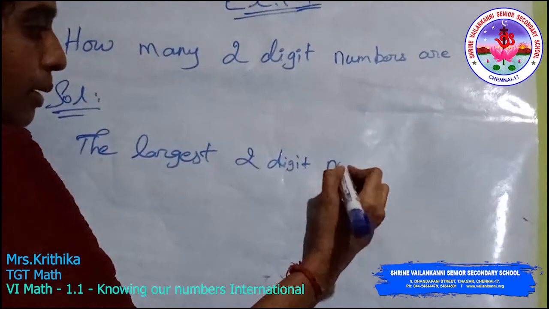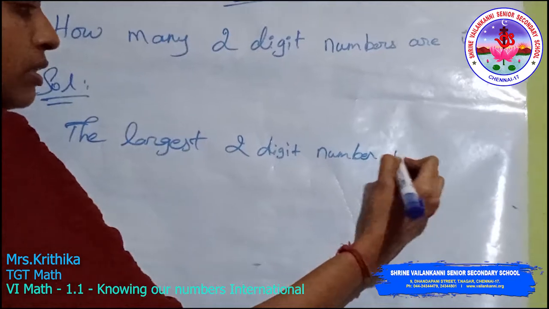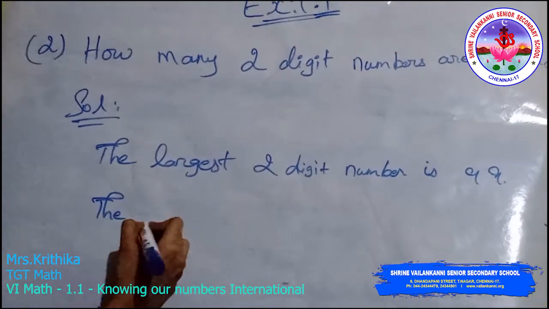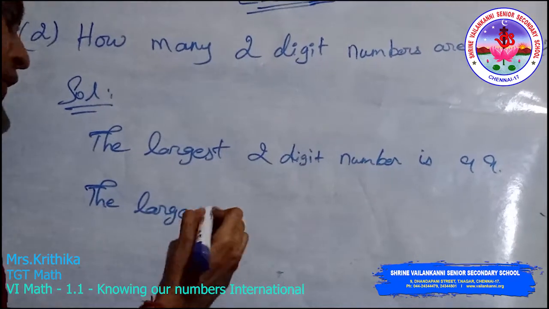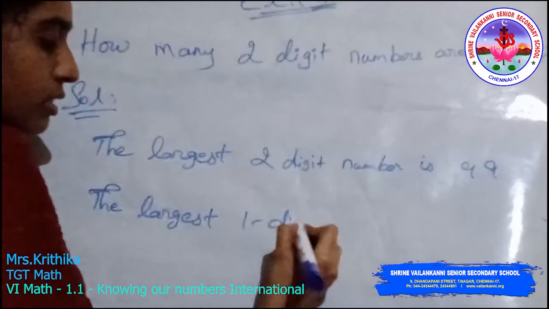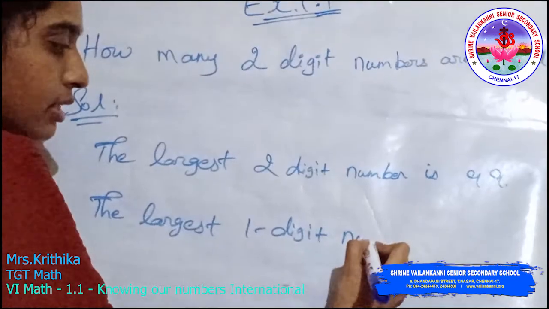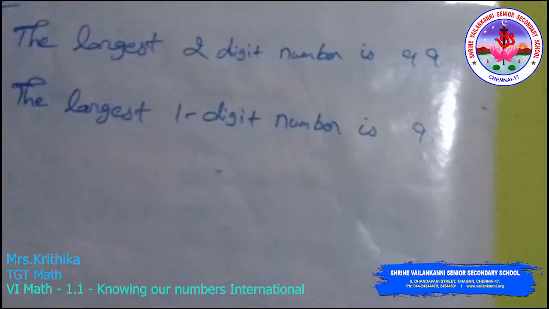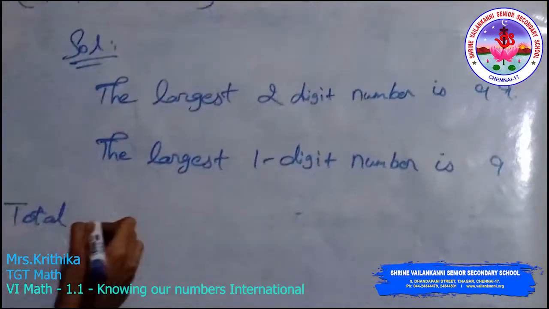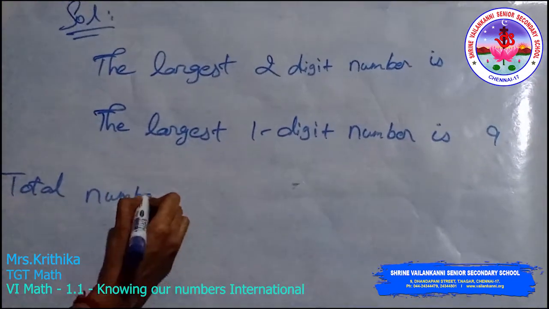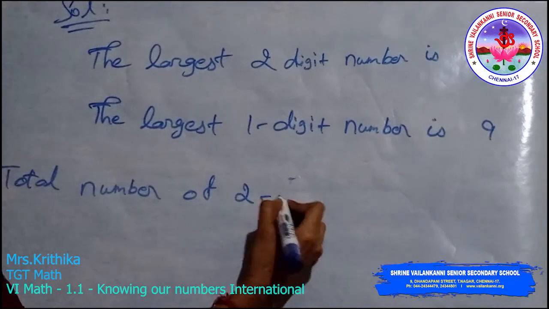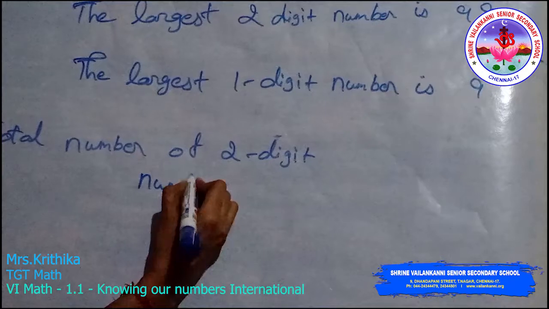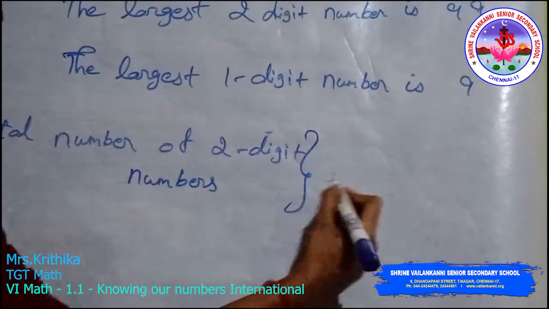The largest 1-digit number is 9. Total number of 2-digit numbers is equal to 99 minus 9, which is equal to 90. That is the answer.